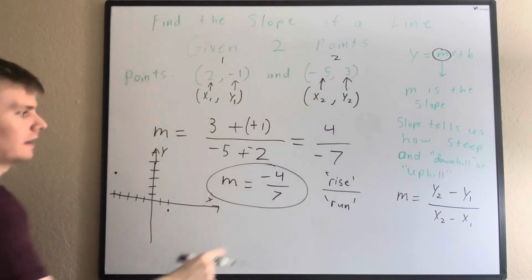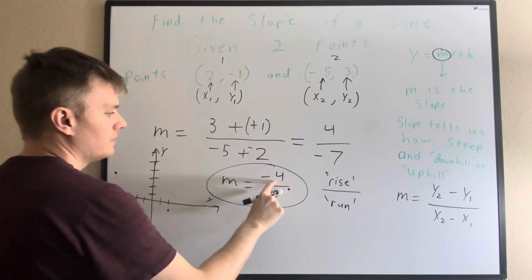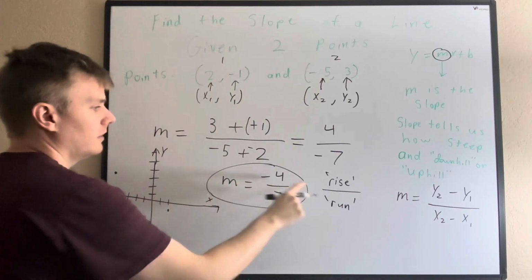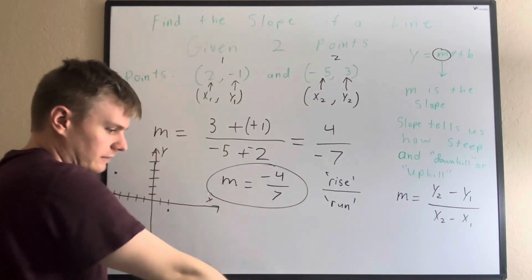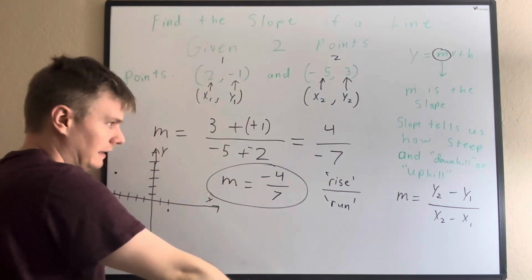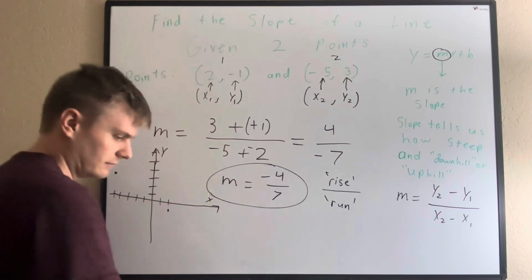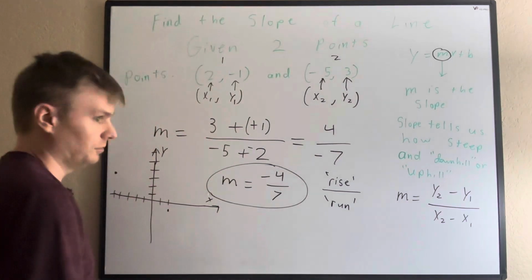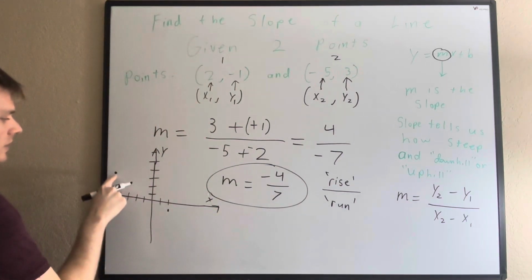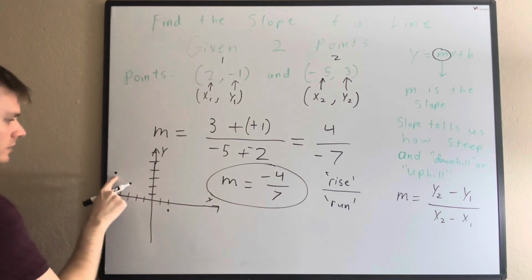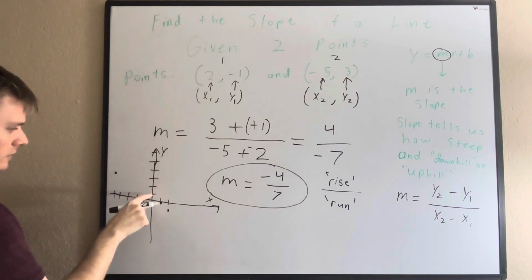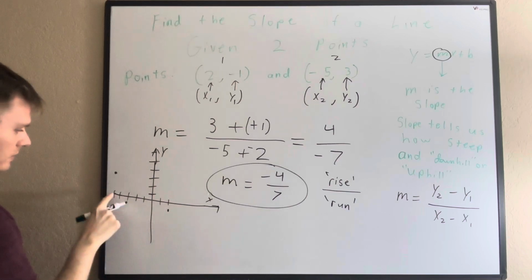So since this is negative, we're actually not rising, we're lowering, right? Because the opposite of rising is lowering. So we're going to go down 4. Negative 4, go down 4. So 1, 2, 3, 4.